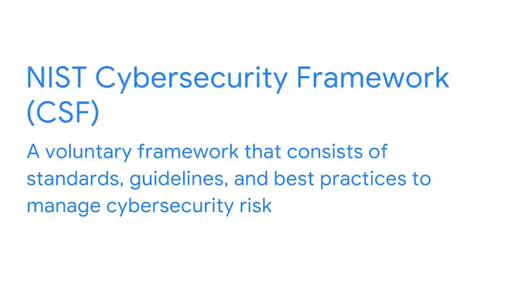One NIST framework that we'll discuss throughout the program is the NIST Cybersecurity Framework, or CSF. The CSF is a voluntary framework that consists of standards, guidelines, and best practices to manage cybersecurity risk. This framework is widely respected and essential for maintaining security, regardless of the organization you work for.